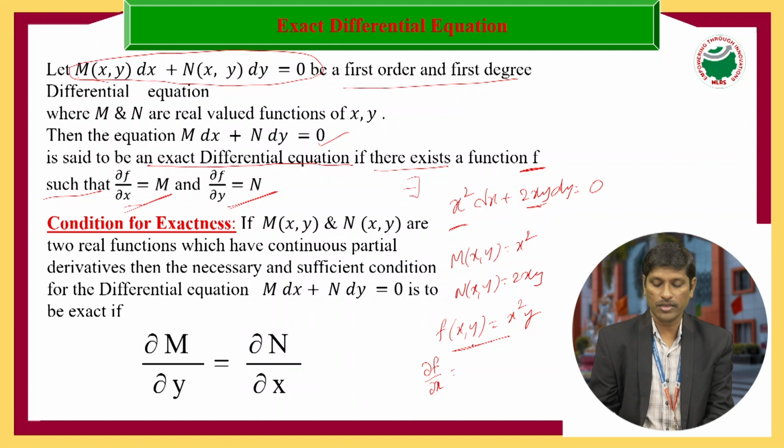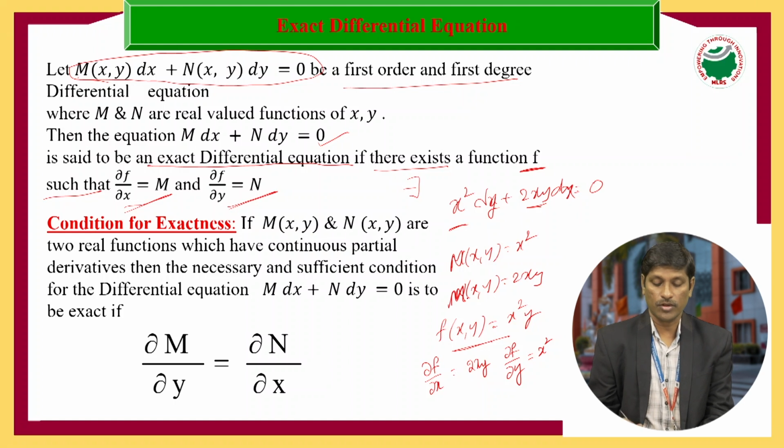Differentiating with respect to x, we get 2xy, since y is a constant, and dou f by dou y is equal to x square. So this is M dx and this is N.